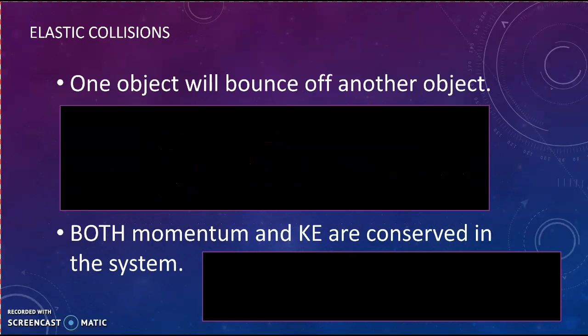The other extreme is they don't stick together. They bounce off of each other perfectly, and they do so without any loss of kinetic energy for our system. Now remember, kinetic energy is a scalar quantity. So maybe I have some ball moving that way, call that V1, and maybe I have another ball right here and it's moving that way, call that V2.